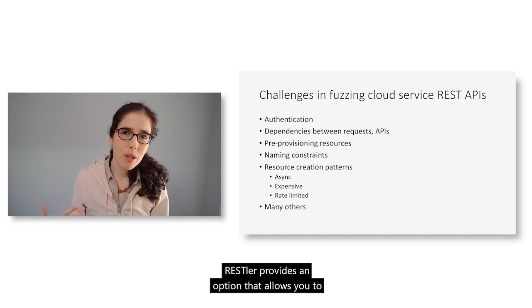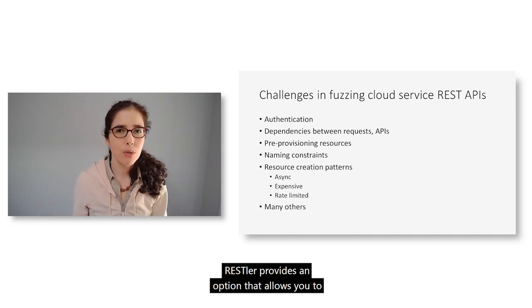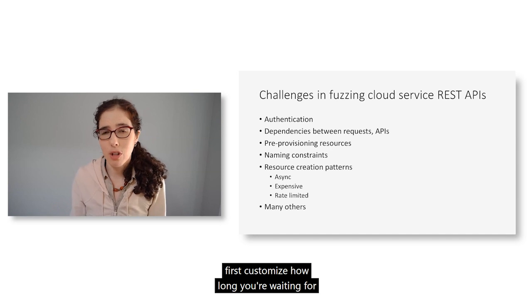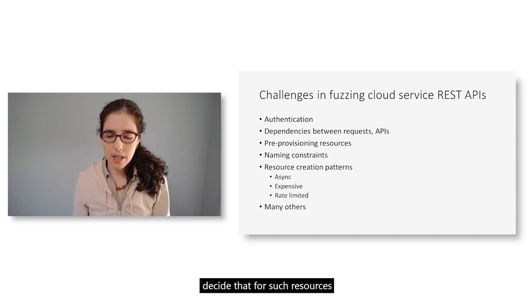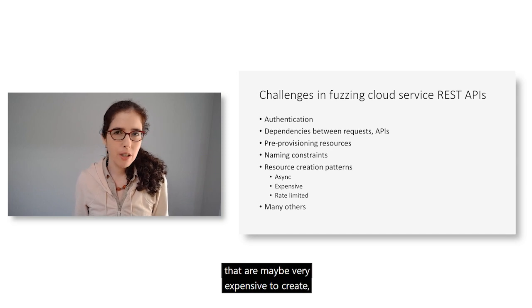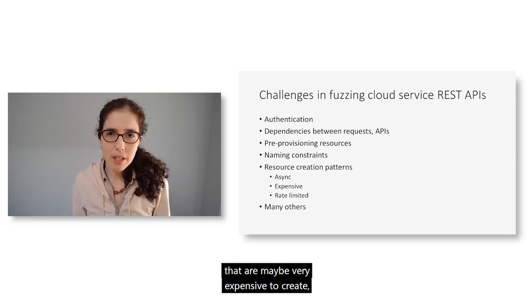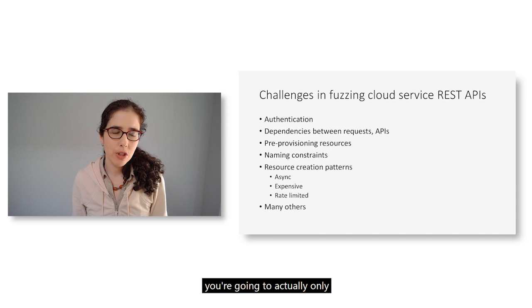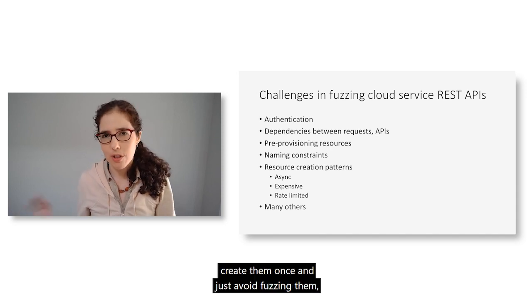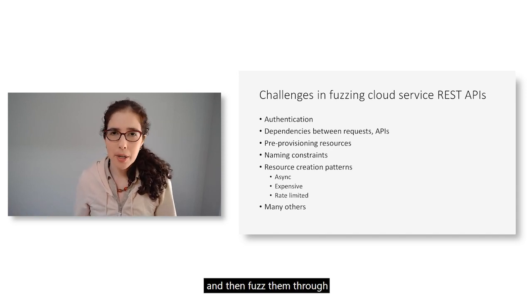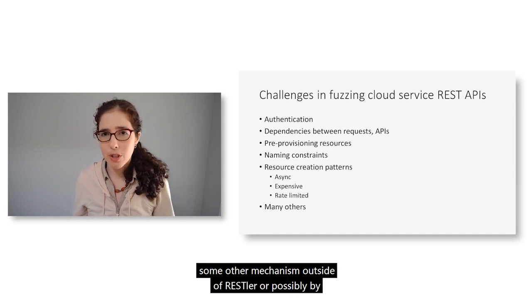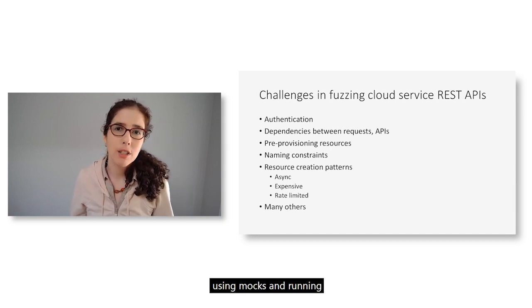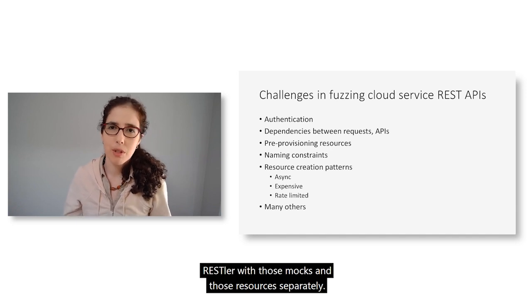So RESTler provides an option that allows you to first customize how long you're waiting for such resources, and secondly, decide that, hey, for such resources that are maybe very expensive to create, you're going to only create them once and just avoid fuzzing them, and then fuzz them through some other mechanism outside of RESTler, or possibly by using mocks and running RESTler with those mocks and those resources separately.